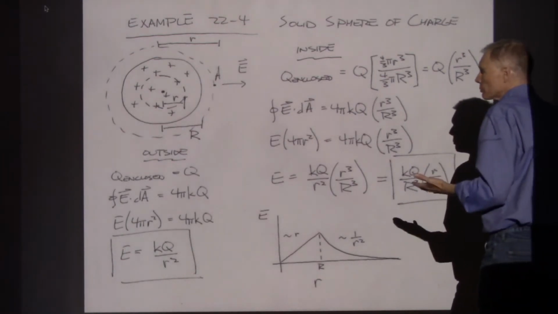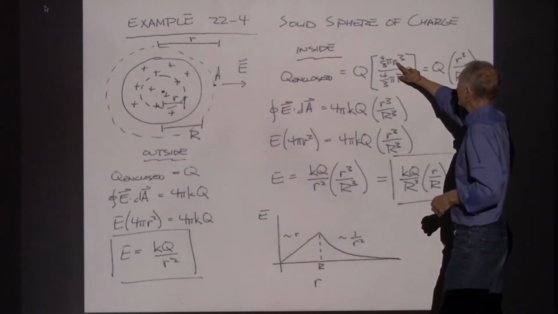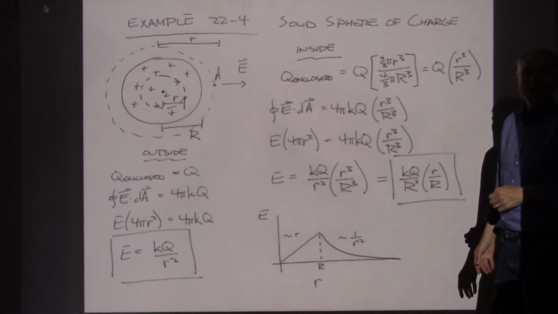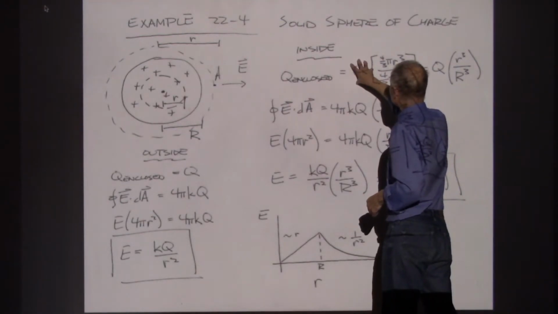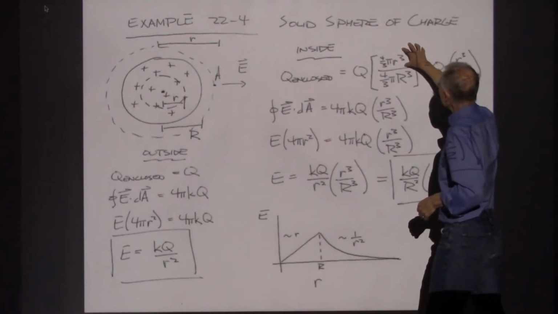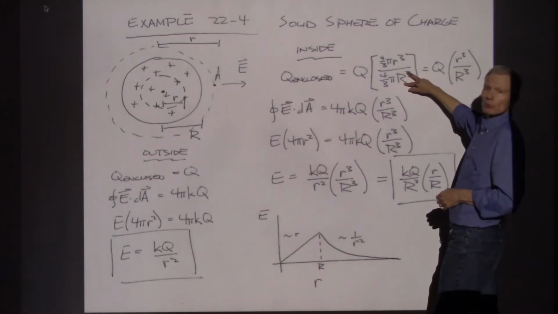So I've got to get an expression that tells me, as a function of little r, how much of the charge we have enclosed. To get this, I'm going to take the total charge, and then multiply that by the volume enclosed divided by the total volume.